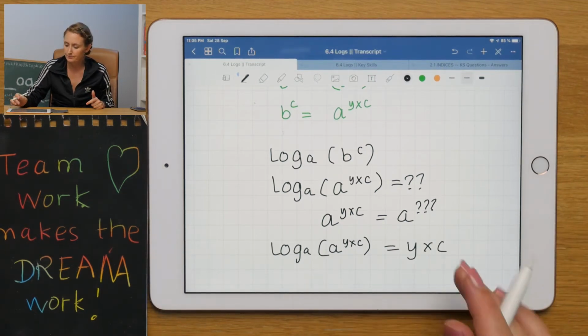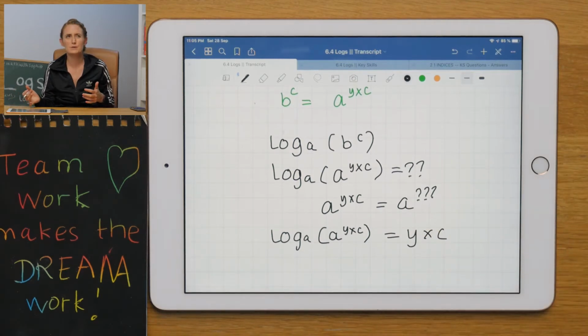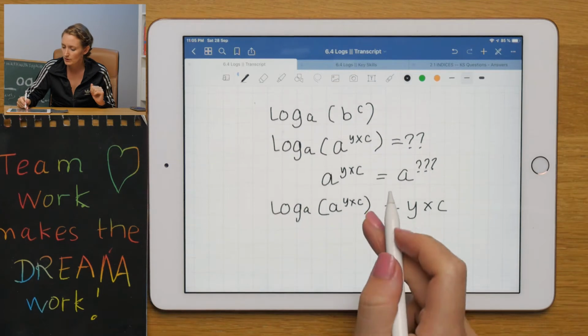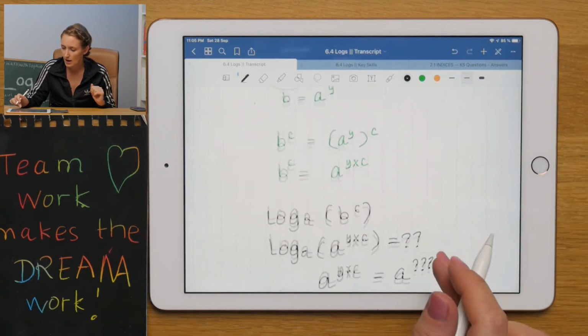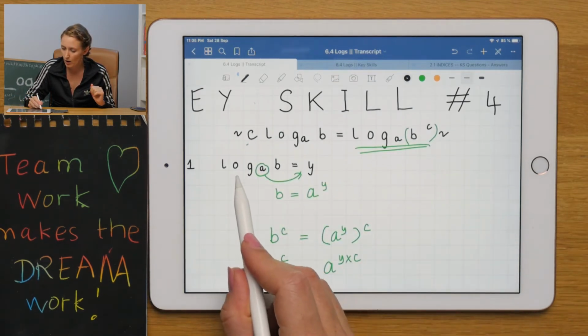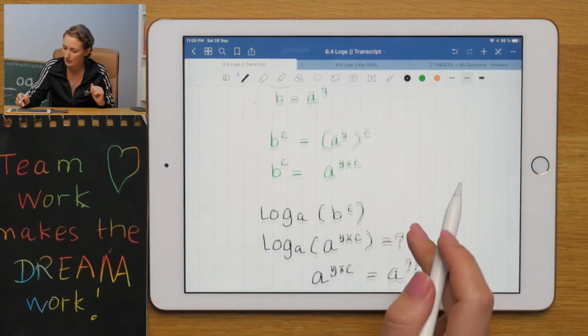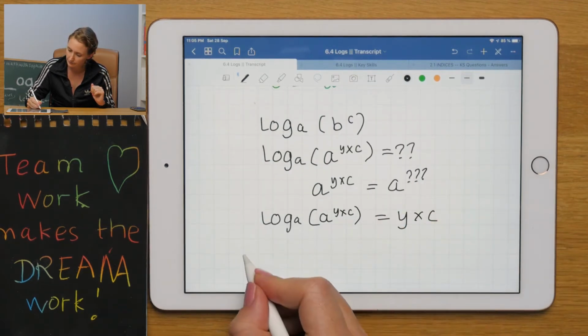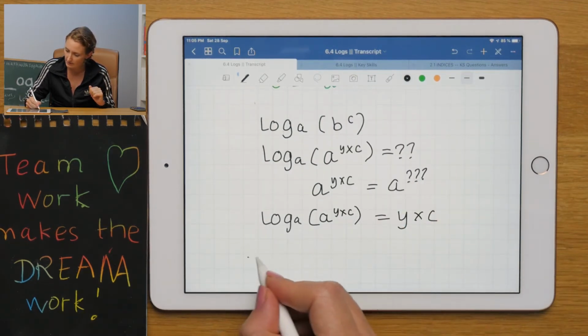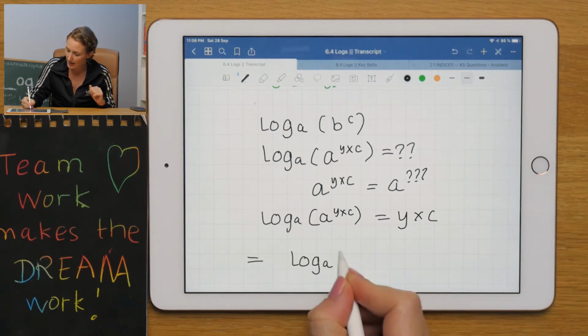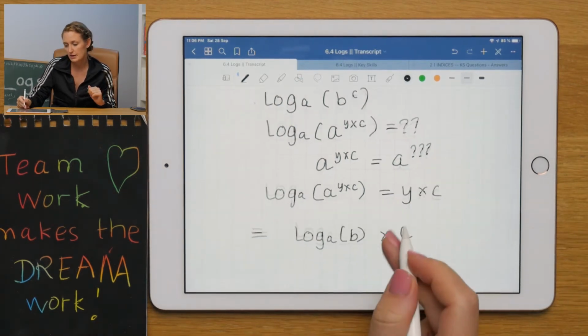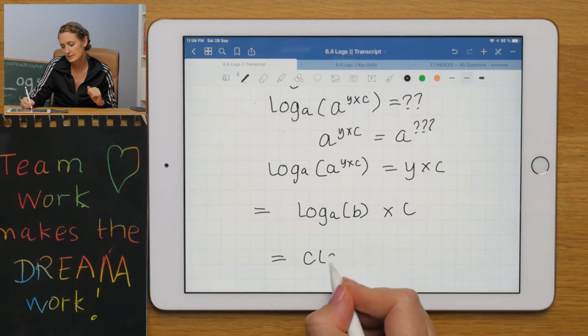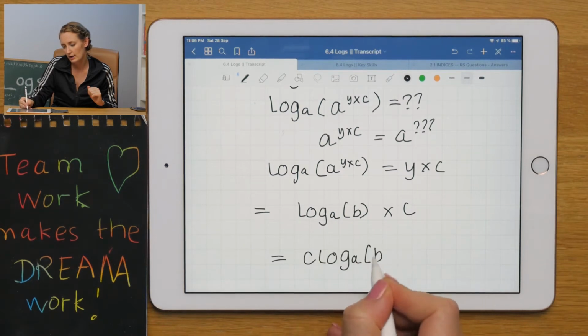Makes sense, right? It makes sense, but it's so simple, it kind of almost doesn't make sense. So we know that this is y times c. And if we go back to the beginning, we know that y is log a b. So we can say, okay, this is the same as log a b times c, which is the same as c log a b.